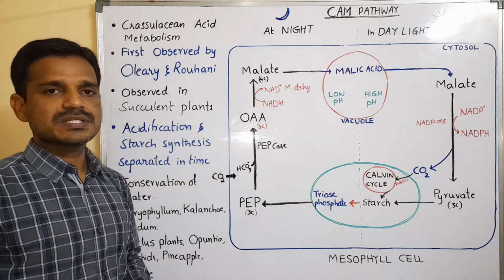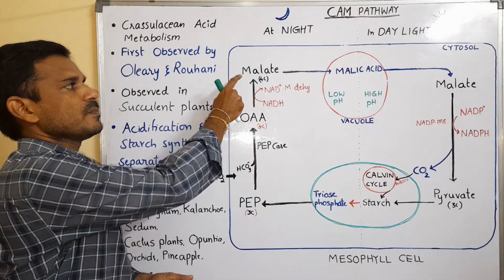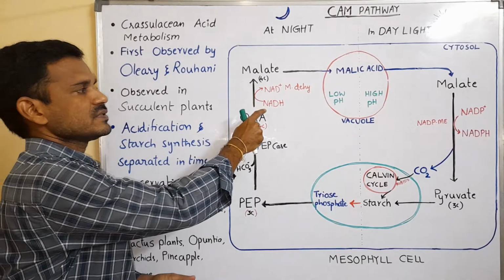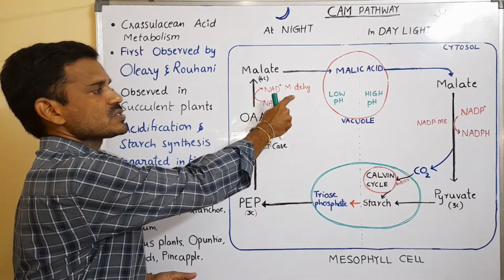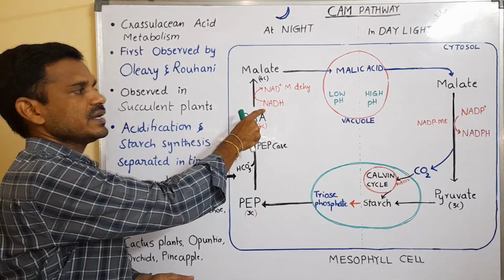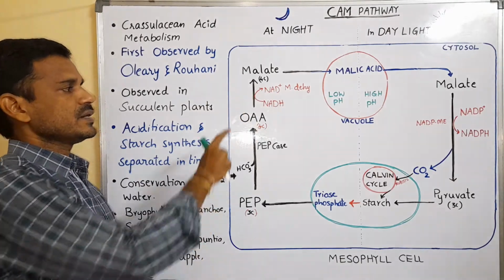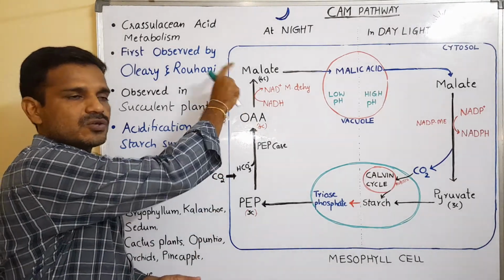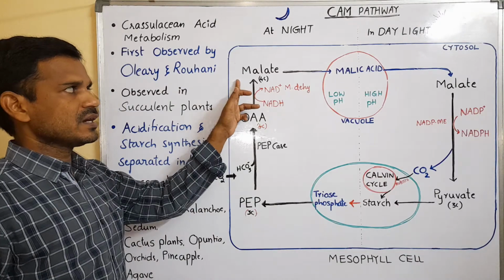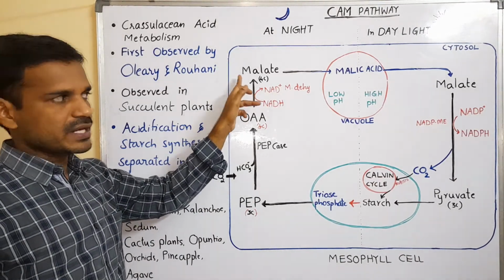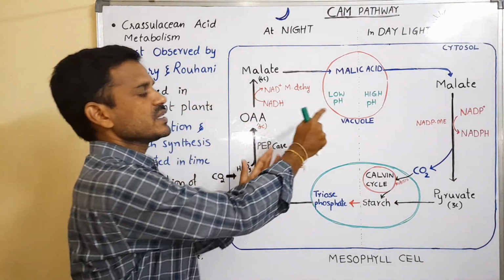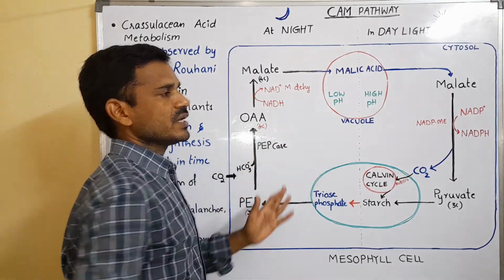Next, oxaloacetic acid is converted into malate in the presence of malic dehydrogenase enzyme. Here NADH is consumed, and oxaloacetic acid is converted into malate. So this malic acid, or malate, is stored in the vacuole during the night time.